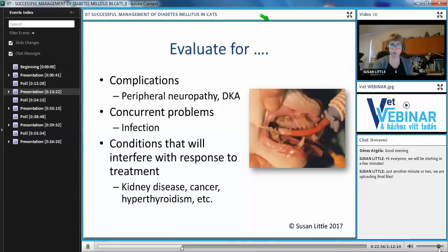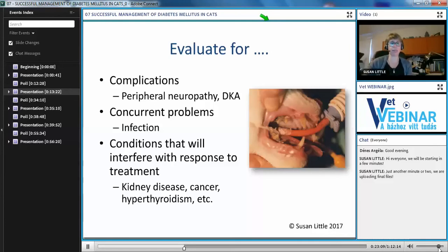So if we do identify a cat with significant dental disease like this cat, we would want to get those teeth treated, get the teeth cleaned, get any diseased teeth removed as quickly as possible, because it won't be possible to get good regulation of the diabetes in that cat as long as there is infection and inflammation in the mouth. So quite early on, we're going to get that cat in for dentistry and get the mouth cleaned up.